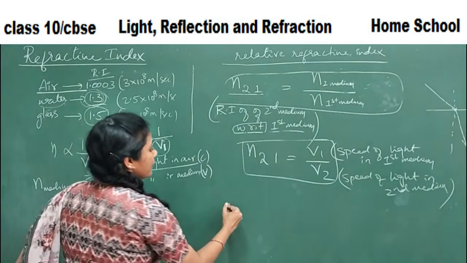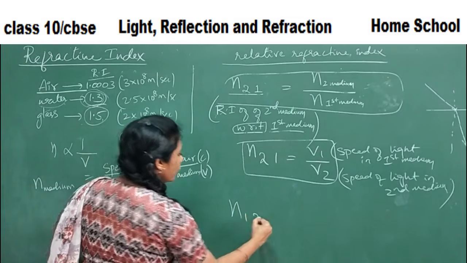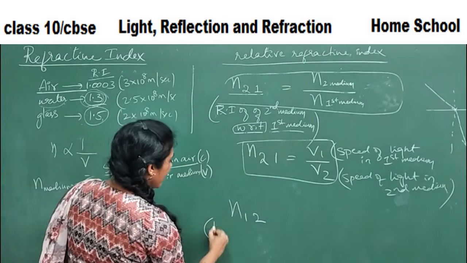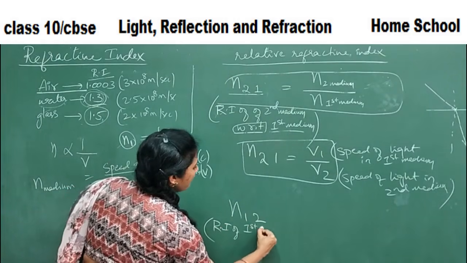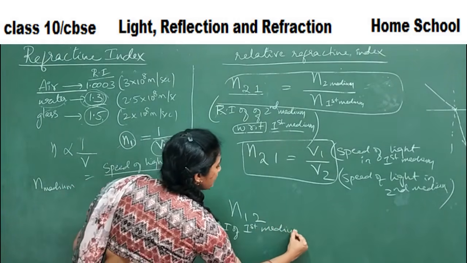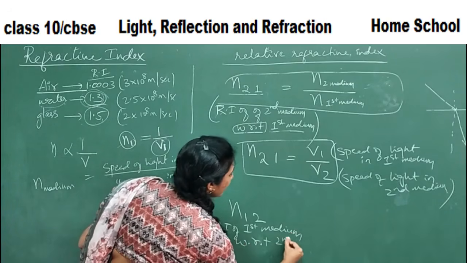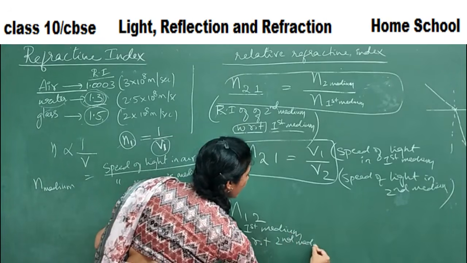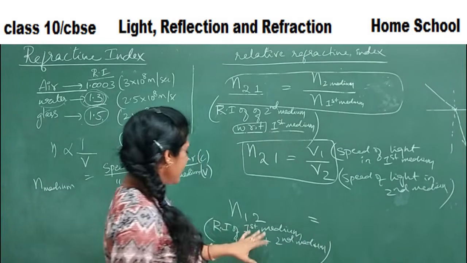In case if I ask you, if I have written N12, what does this mean? Here I am talking about the refractive index of the first medium with respect to the second medium. Okay, now what is the formula, guys?